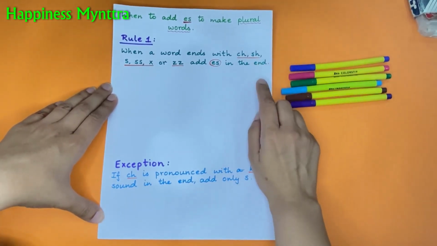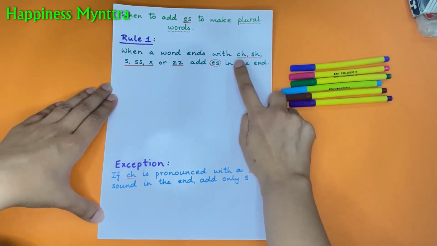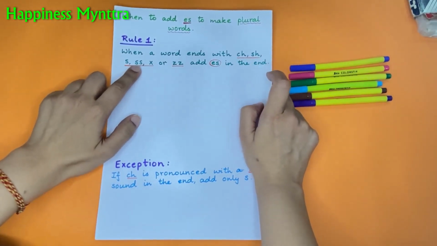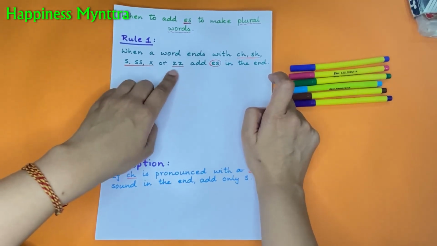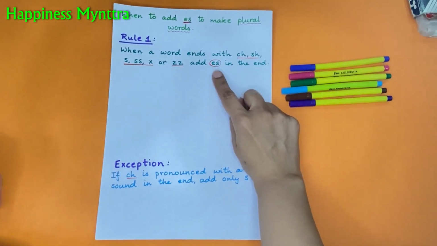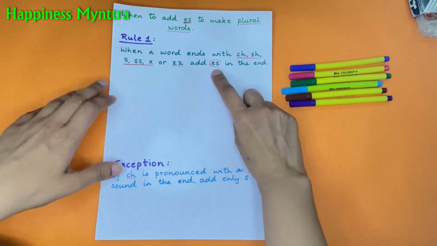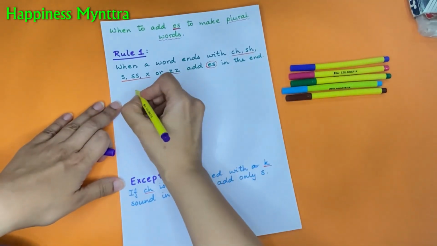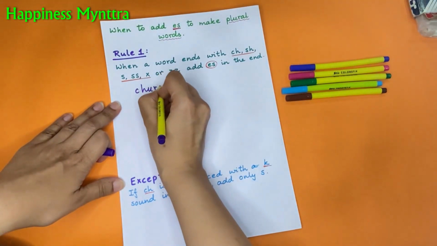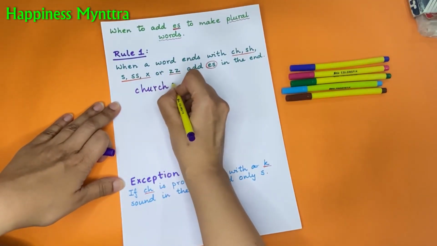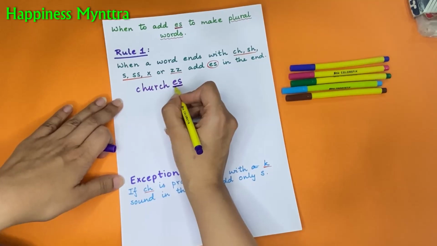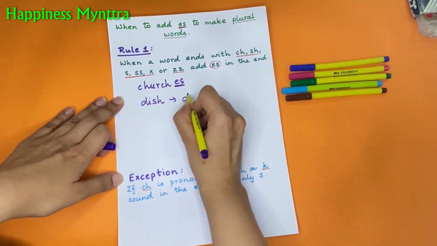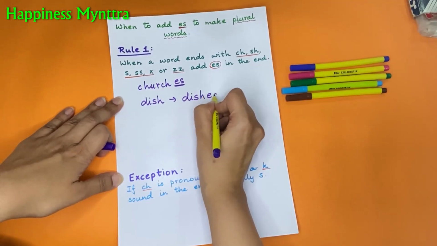The first rule: when a word ends with ch, sh, s, ss, x, or z, then we add es in the end. For example, let's quickly see what kind of words can be used here. We will have church and we'll make it churches. We have dish and we'll make it dishes.